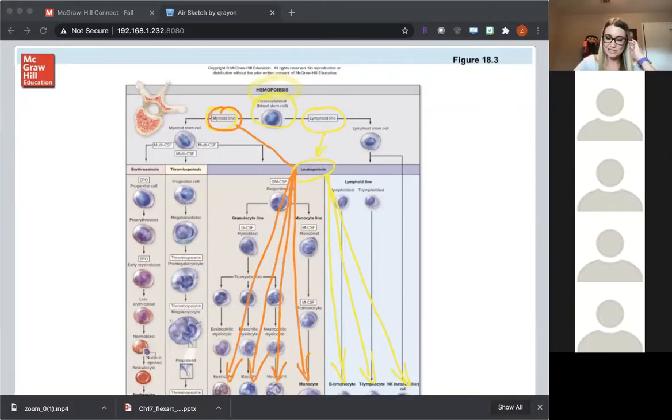So leukopoiesis from myeloid line gives you the granulocytes and monocytes. So I want you to know leukopoiesis from lymphoid line gives you those 3 lymphocytes. Leukopoiesis from the myeloid line gives you those 4 cells. See, simplified. I'm not going to ask you about those intermediate cells in there for leukopoiesis.